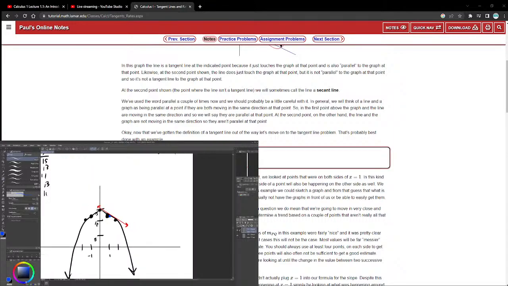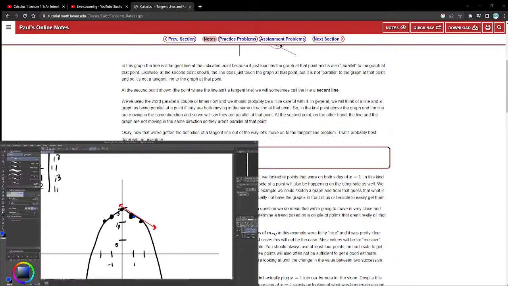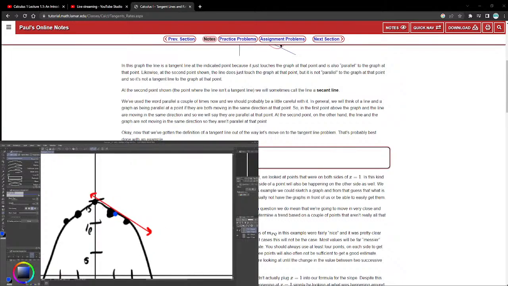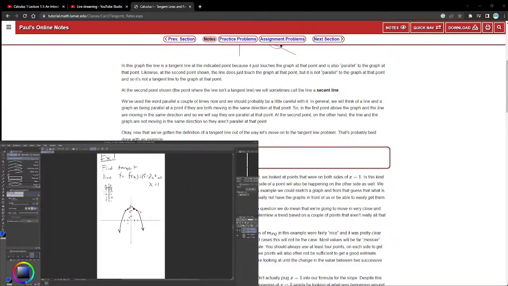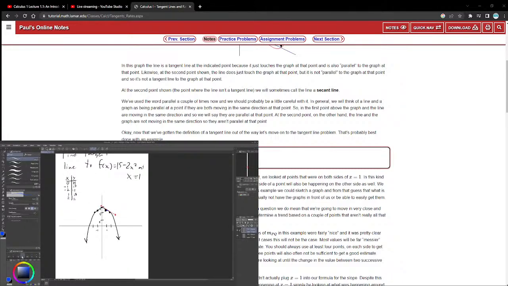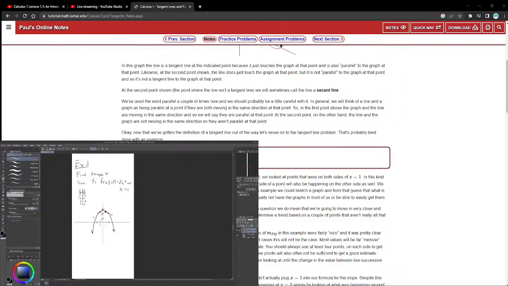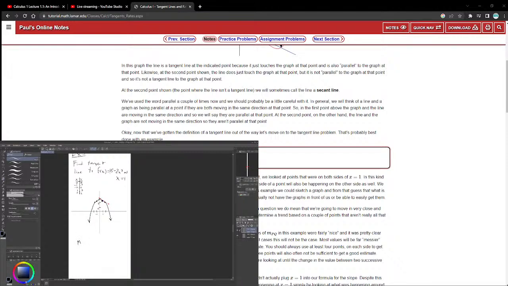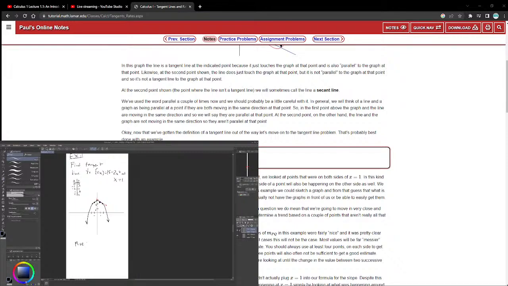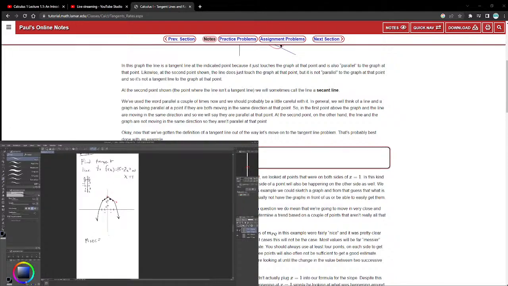It doesn't actually touch. So basically we want to turn the secant line into a tangent line. So we're trying to find m, the slope of the secant, right now.